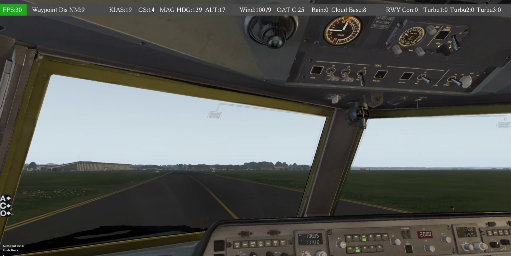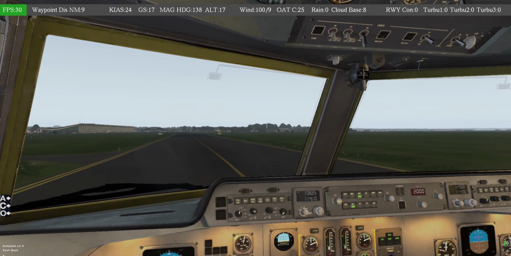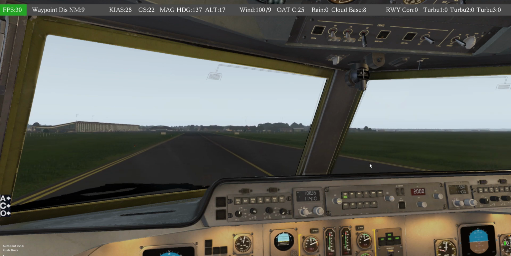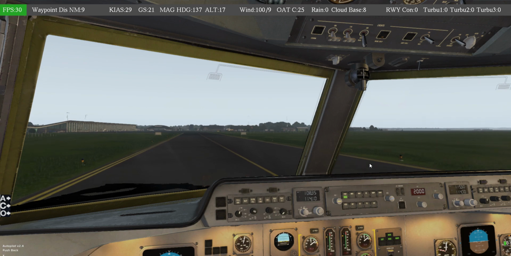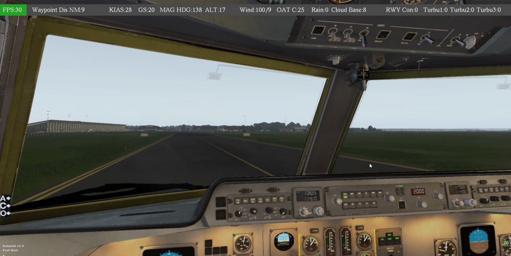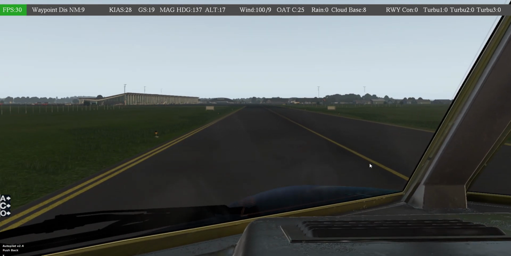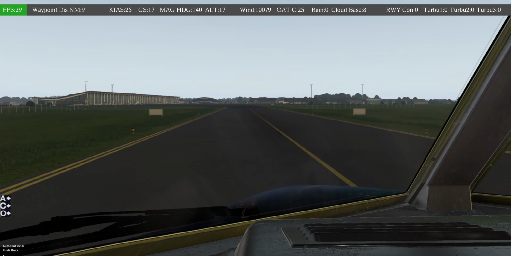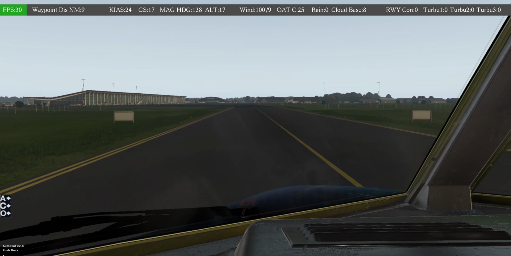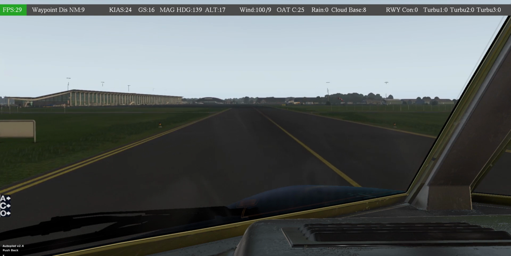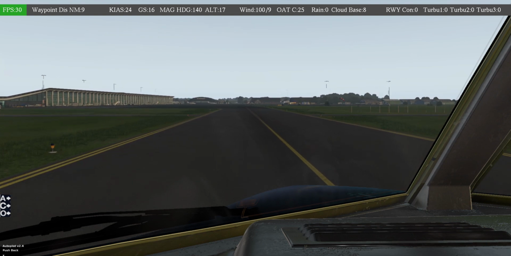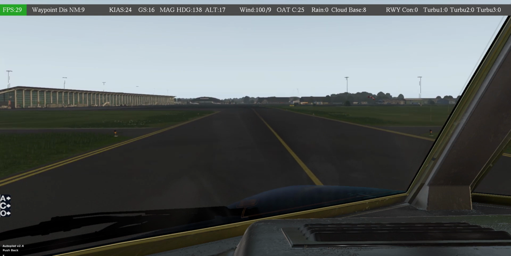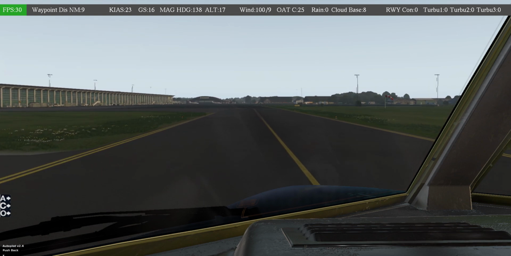But you can see that the aircraft actually needs quite some thrust here in order to move, but then you also see that it can accelerate quite quickly. So you really have to adjust your throttles. And again, I'm limited to only a joystick.